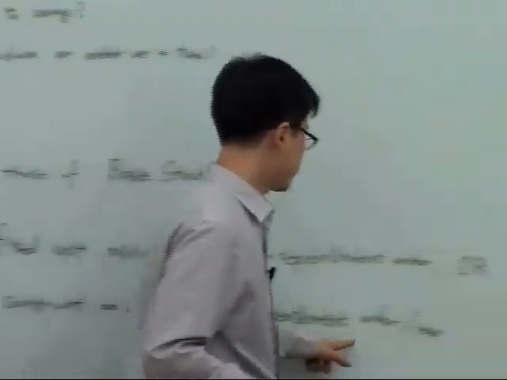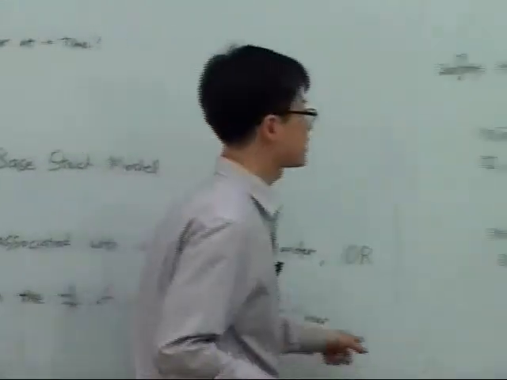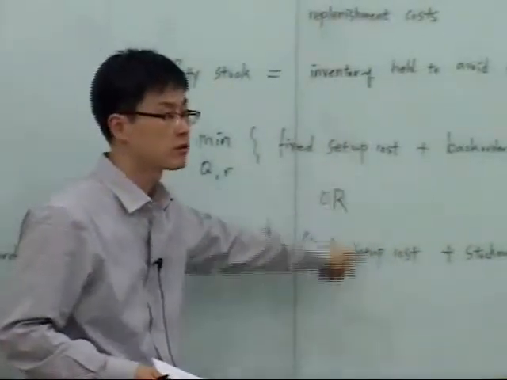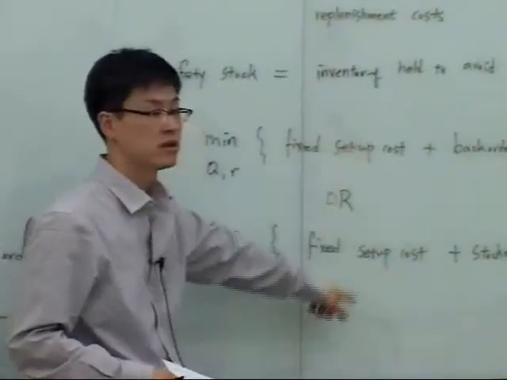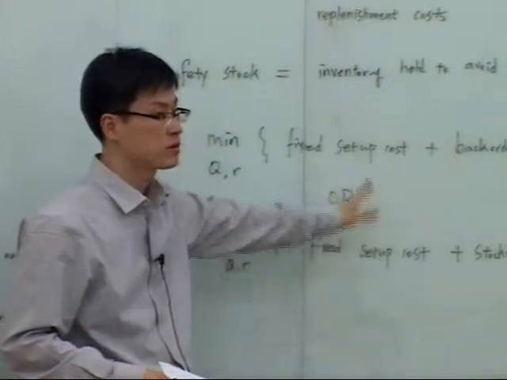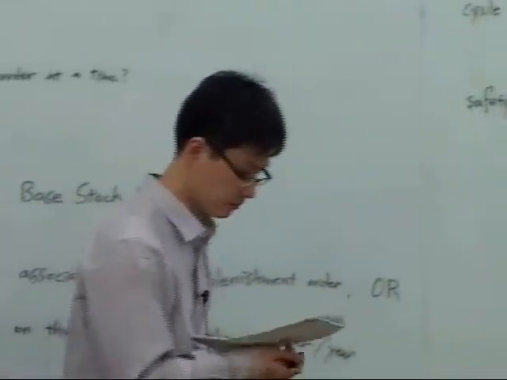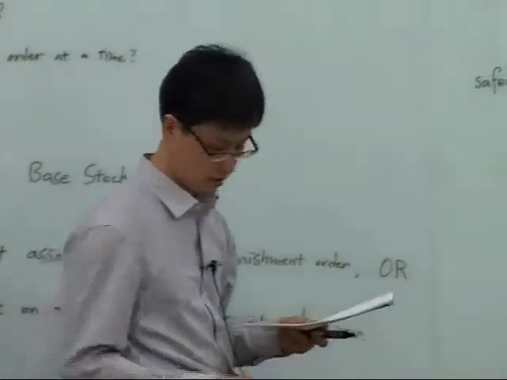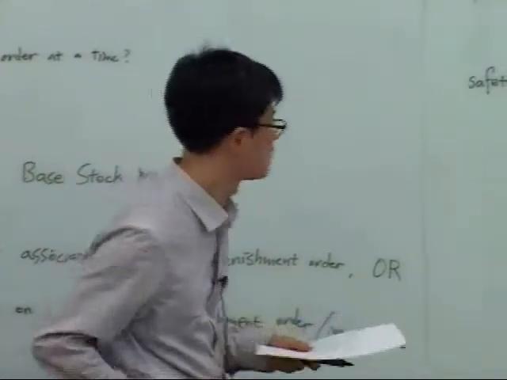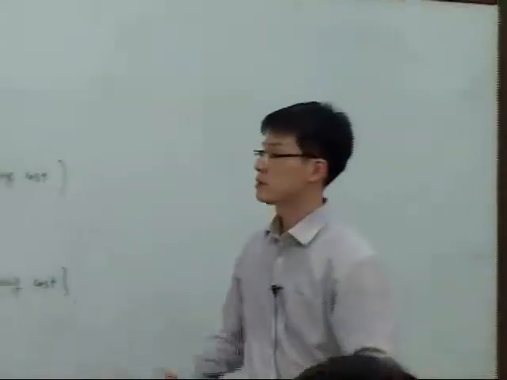A constraint on the number of replenishment orders per year could also be considered in these two models. Okay. The approach is always the same.